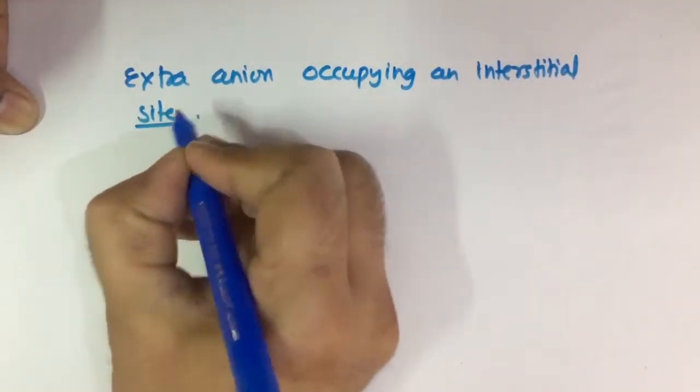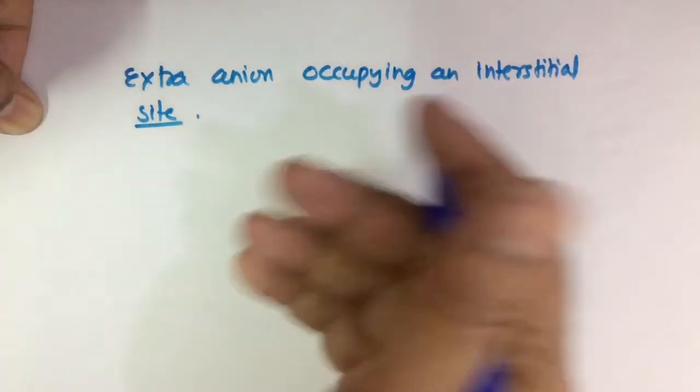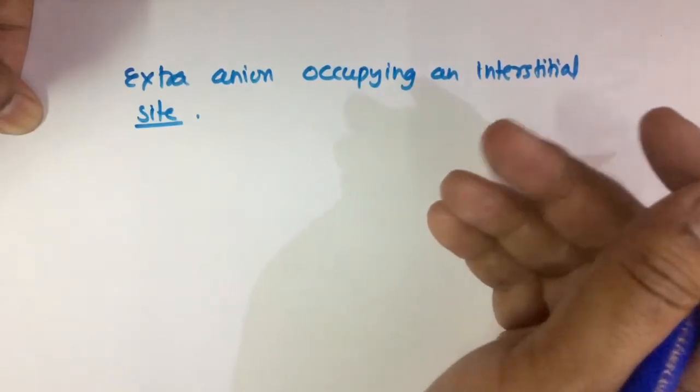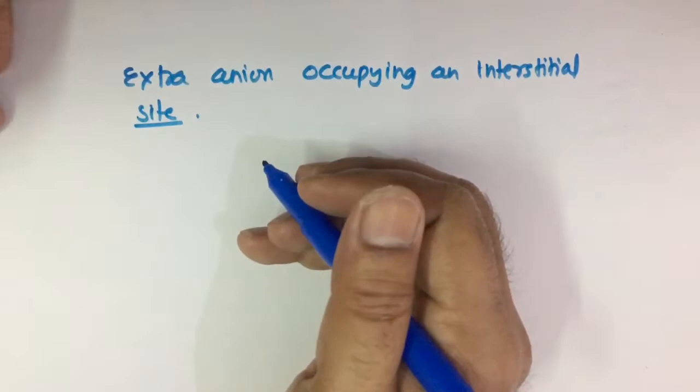So an extra anion is present at some interstitial site, so the negative charge becomes more and the cation becomes less. Now to maintain the electrical neutrality, some extra cation present at some site has an extra positive charge. Let's have a look.